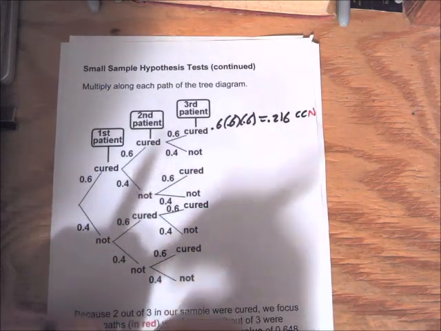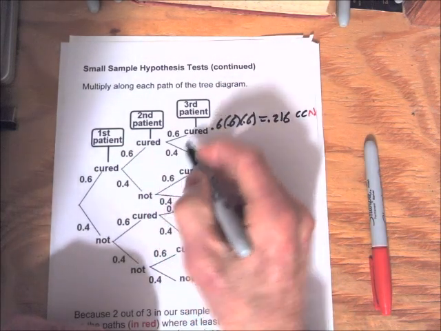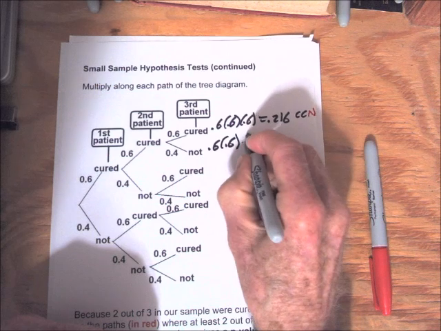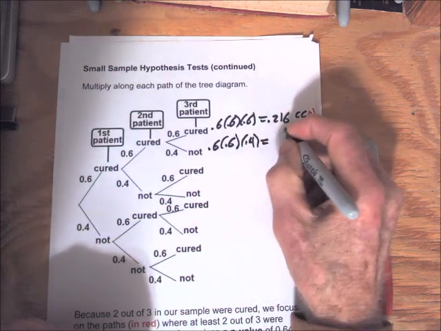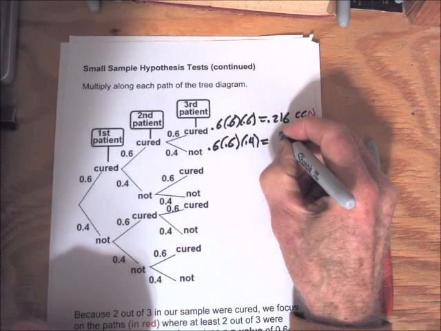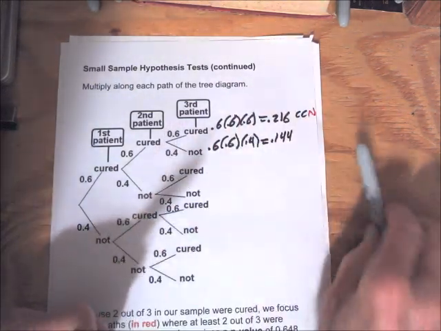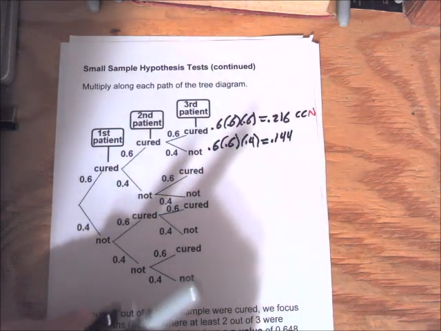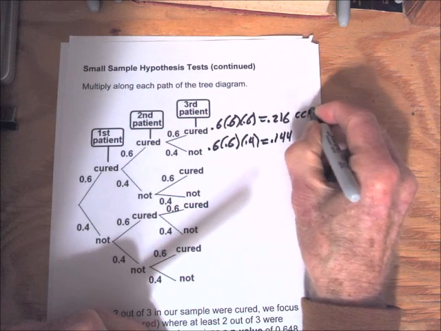And then the next path, we have 0.6 times 0.6 times 0.4, I think it's 0.144. Oh, I'm sorry, this top path is all 3 are cured. I don't know why I did that. All 3 are cured.